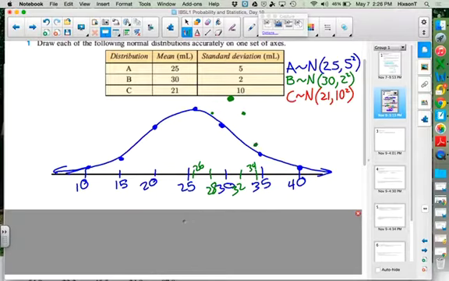And then our third standard deviation will put us where and where? 24 and 36. Good, 24 and 36. And at that point, we're very close to the x-axis, okay?